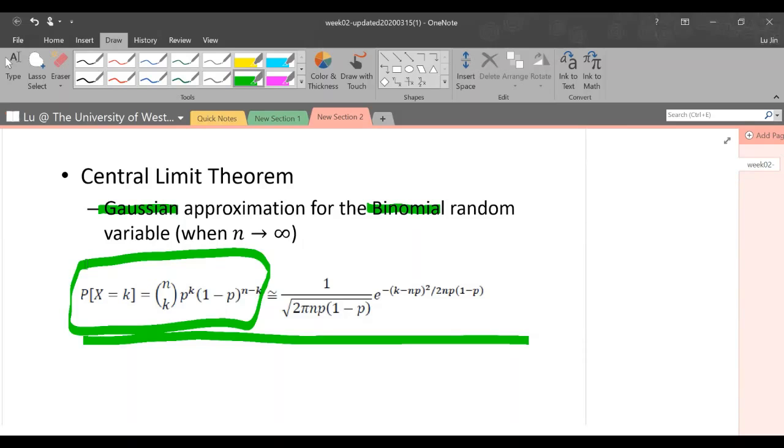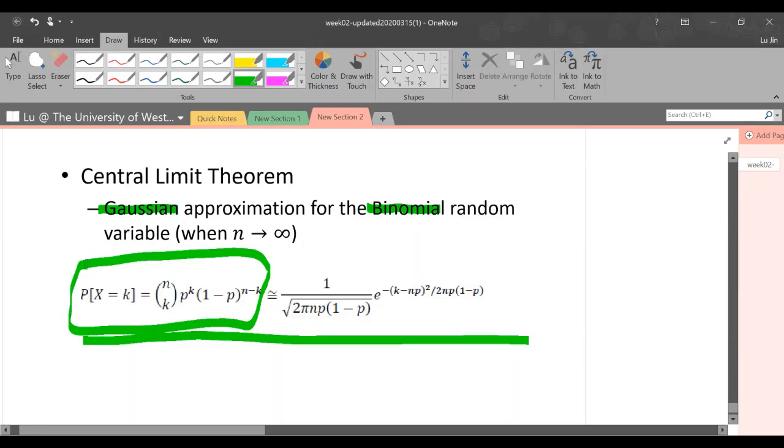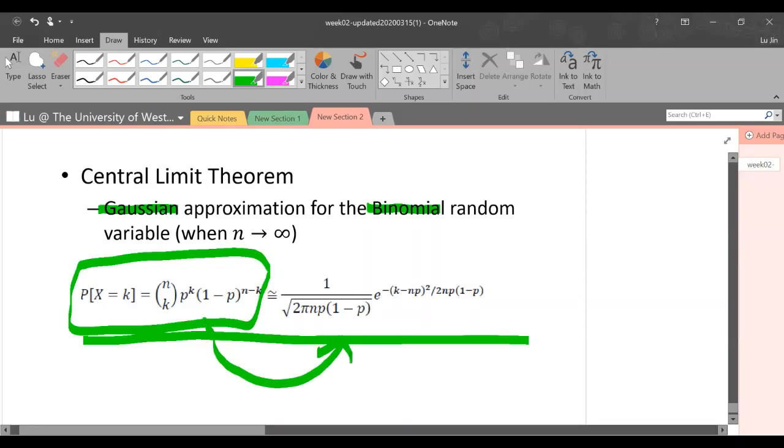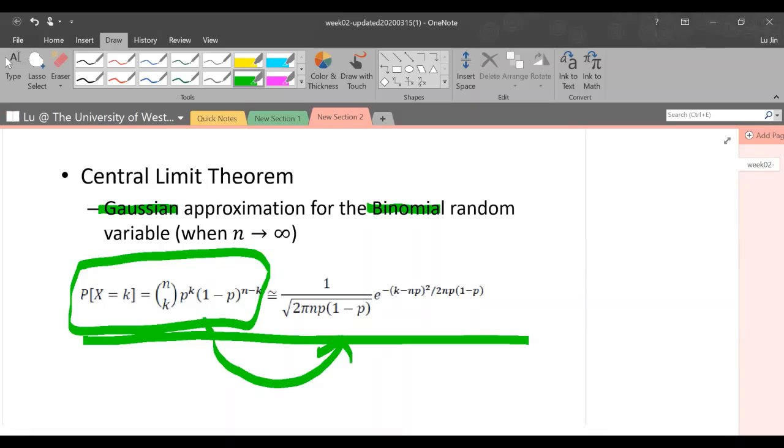So when the n is large enough, so what's n? N is the number of the Bernoulli experiments you run in this binomial random variable. Okay, so if n is large enough, if you play the coin tossing game many times in one single binomial experiment, we can approximate this thing to a Gaussian distribution. The reason is, in one single binomial experiment, you are going to play the Bernoulli experiment n times.